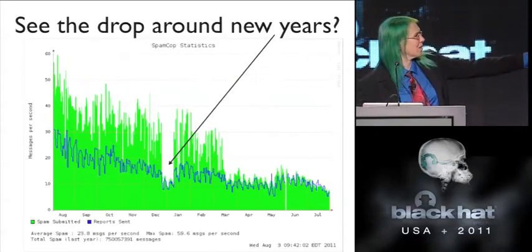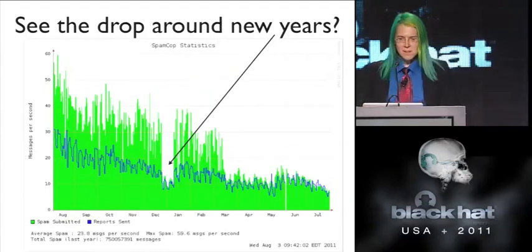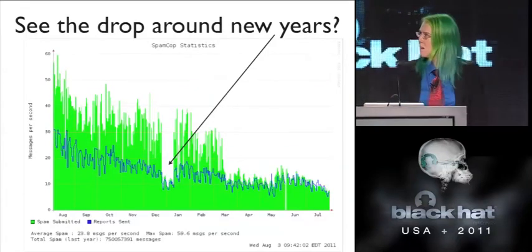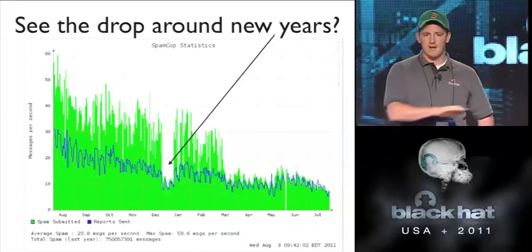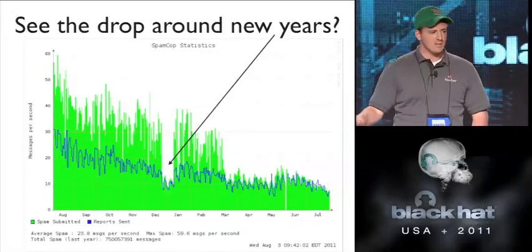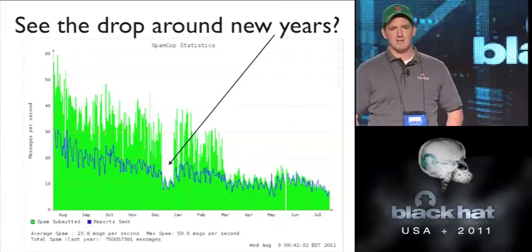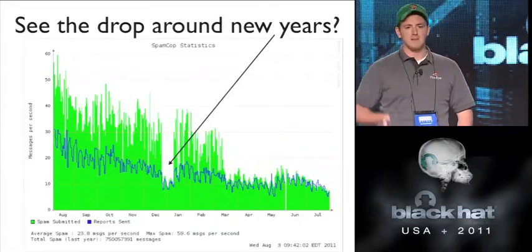Yeah, Rustock's always had an interesting spam pattern that's a little bit different than all the other bots, in that it's not continually sending spam the way some of these things are. It sends massive amounts of spam in spikes.